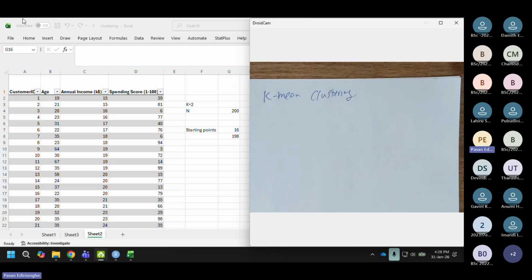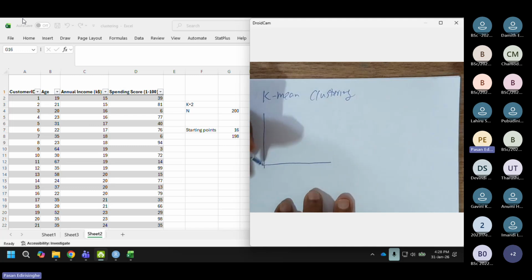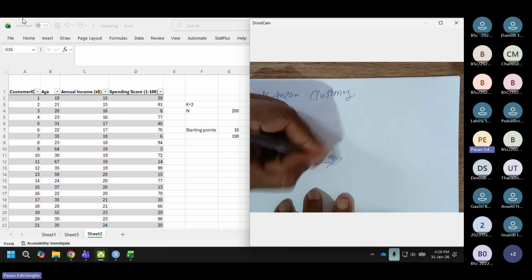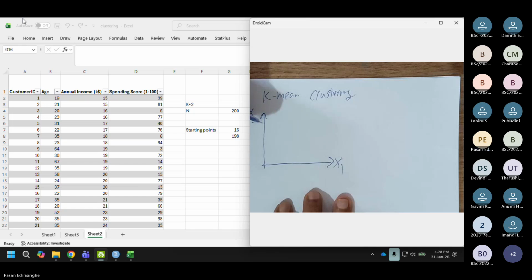let's focus on our k-means clustering technique. In terms of k-means clustering, our target is to group the variables, and then find out what is a good representation we can have. Let's see, as an example, if you have only two variables, X1 and X2, right?